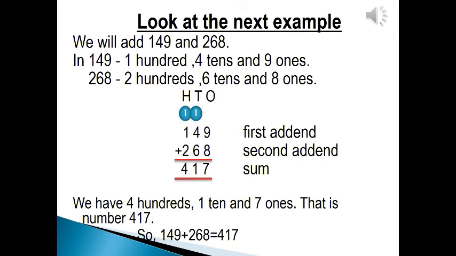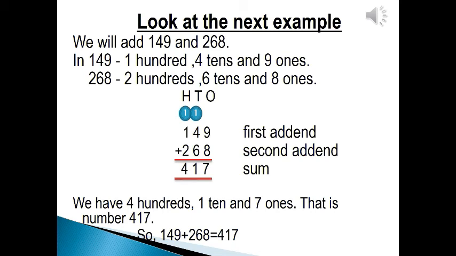In 268, 8 is at ones place, 6 is at tens place and 2 is at hundred place. Let's find out the total. First, we will arrange the numbers in their place value. Always, we add the numbers from right to left. So, we will add the ones column first.